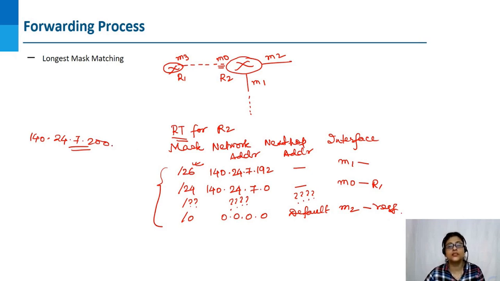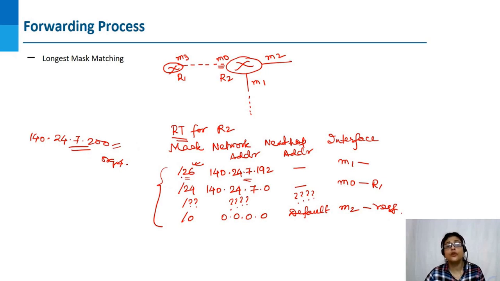So once the destination address comes, the router has to apply the proper masking, 26. If it applies this masking, it gets the network address 140.24.7.192, and it properly identifies the network address and properly goes to organization 4.